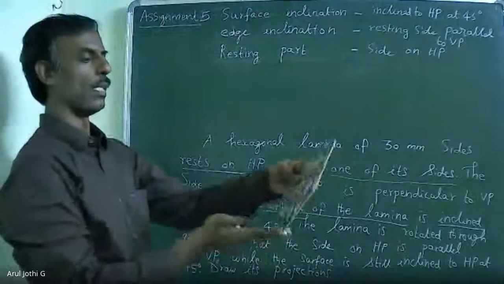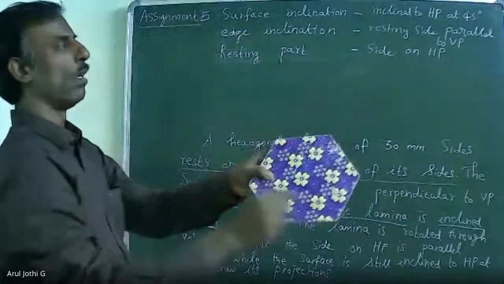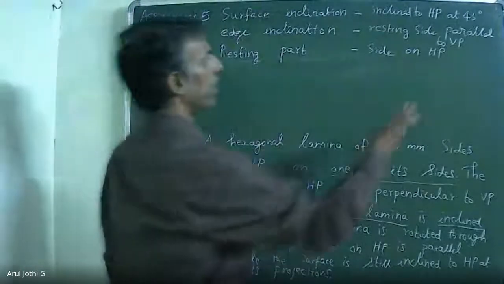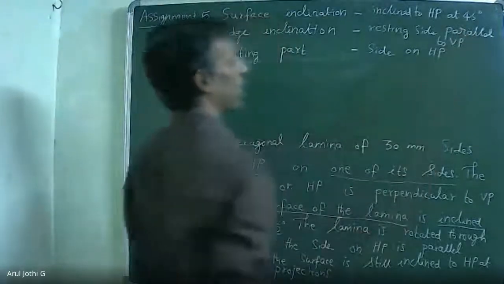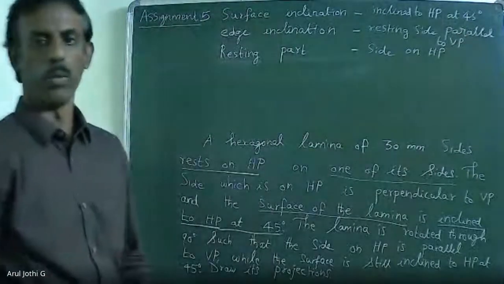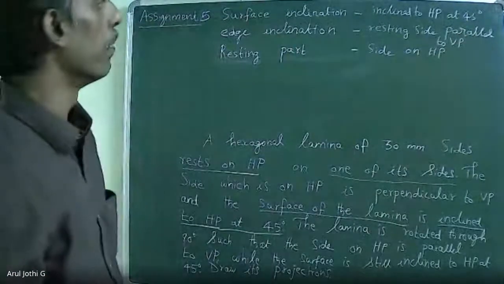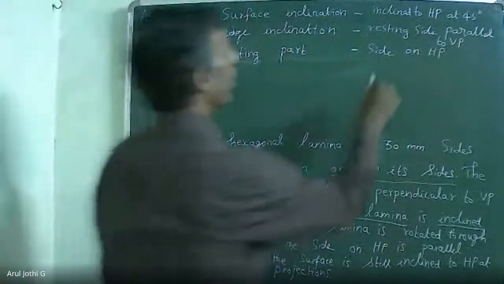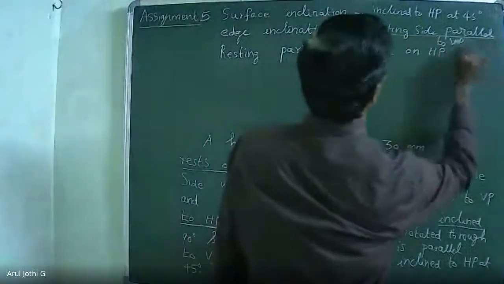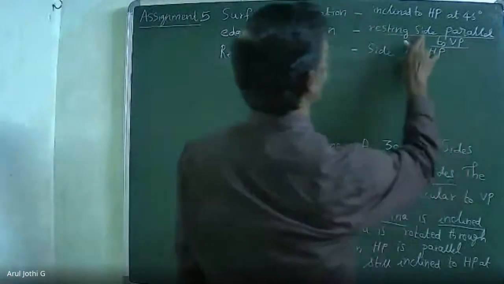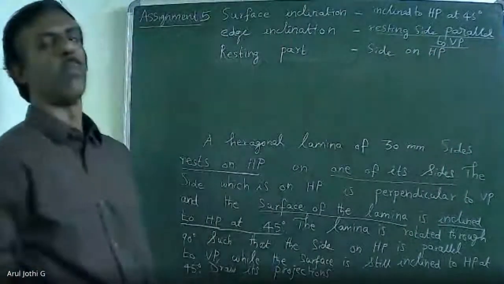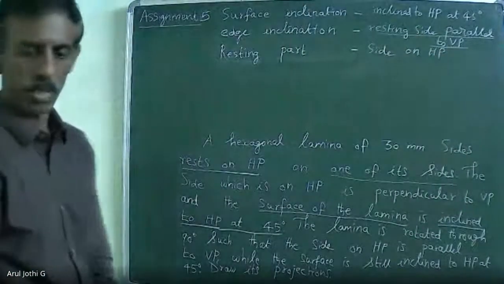This resting side is parallel to VP means the angle of the edge inclination is 0. Okay, resting side is parallel to VP. Like that, I am going to rotate the top view. Now, instead of giving resting edge is inclined 45 degree to VP, now it is given that resting side is parallel to VP. Okay.